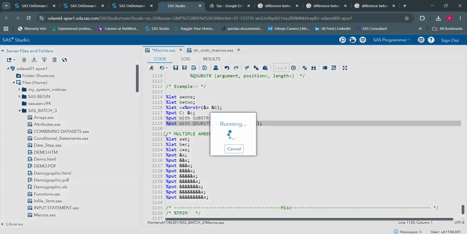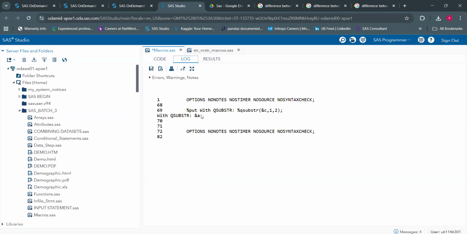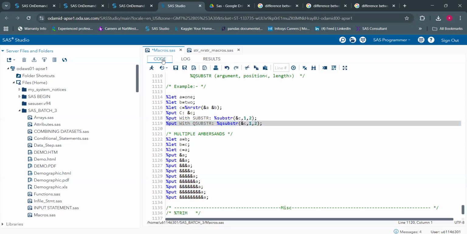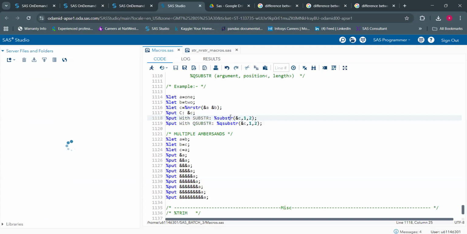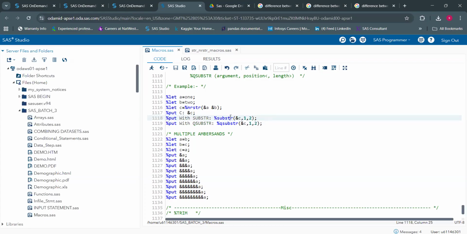Q substring simply gives you the value of ampersand A. It won't resolve again, because SAS has a habit of resolving whenever it sees ampersand and percentages. Clear now?